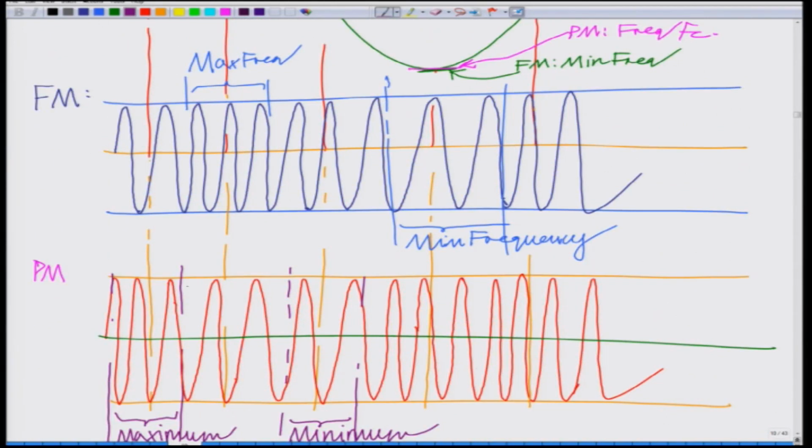So, this is a simple pictorial illustration, a good intuitive insight into the nature of frequency and phase modulated signals.